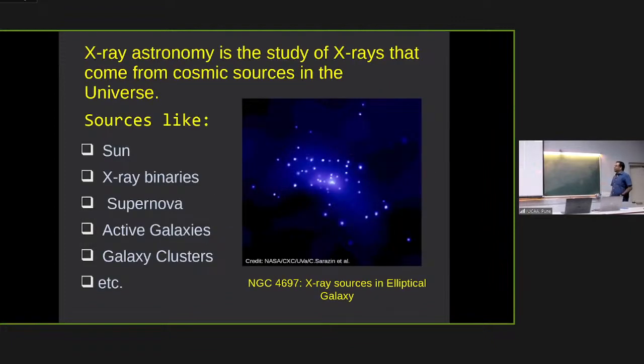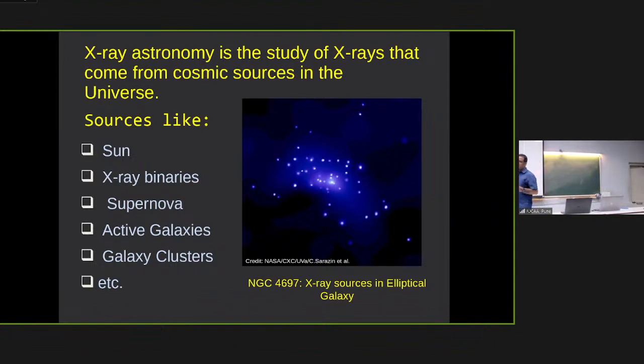So when we say X-ray astronomy, essentially it is the study of X-ray sources that come from cosmic sources. For example, our own sun, X-ray binaries. Do you know what X-ray binaries are? Yes or no? You know binary systems in the solar system.